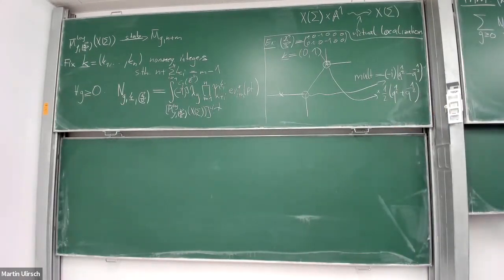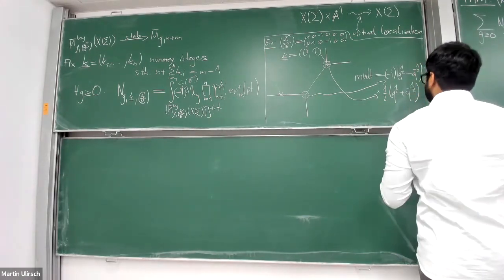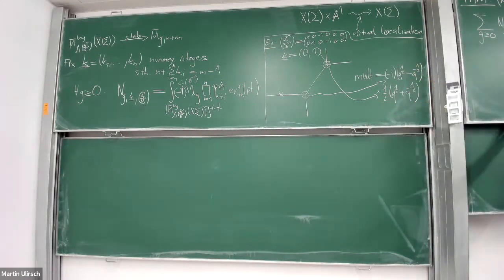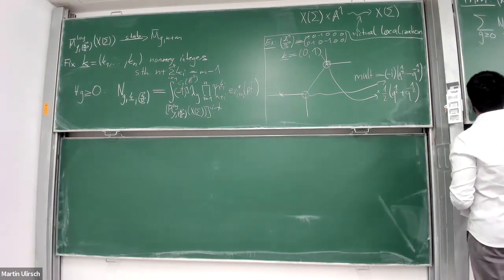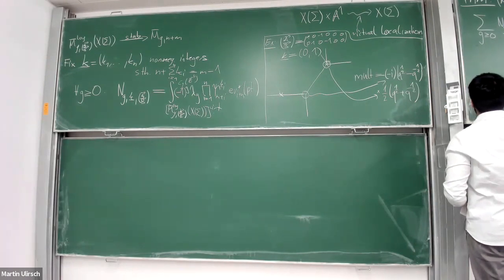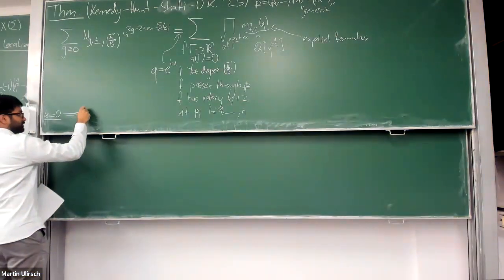So the MFV of Q, are these just the Block-Göttsche? Yes, exactly. So if I set K equals 0, so no psi class conditions, then for K equals 0 we recover a known result.